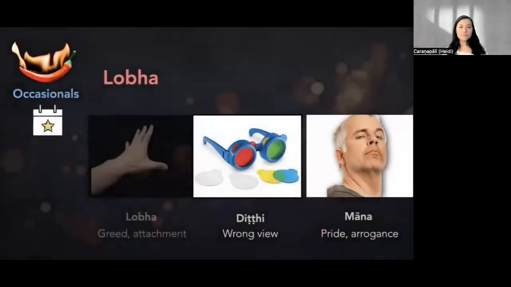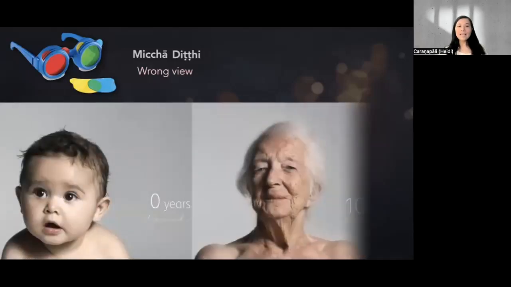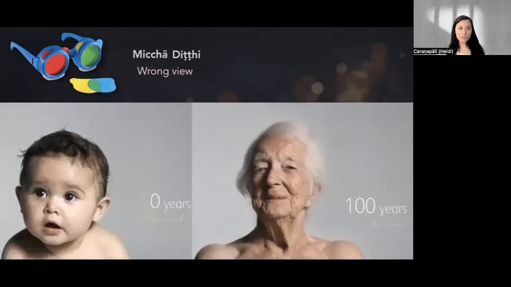All right, that's lobha, and now let's go to Diṭṭhi, wrong view. Now, what is wrong view? Wrong view here is the non-understanding, seeing impermanent things as permanent. That's one kind of wrong view.